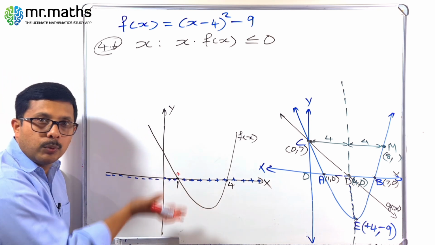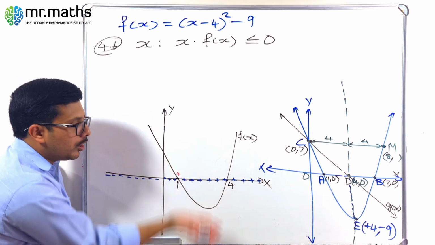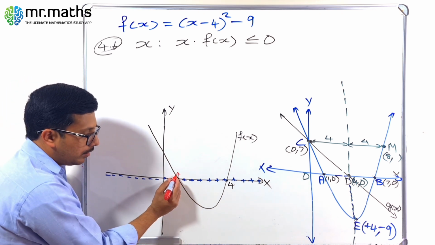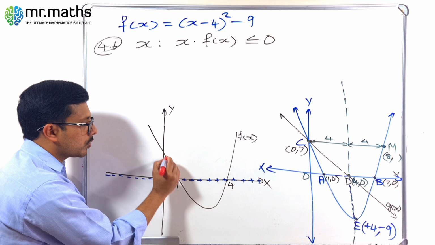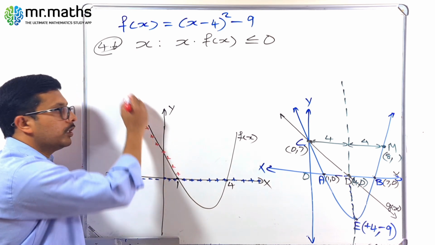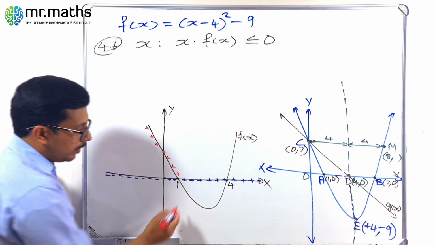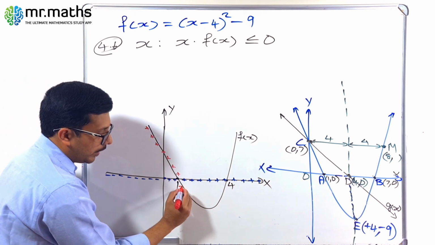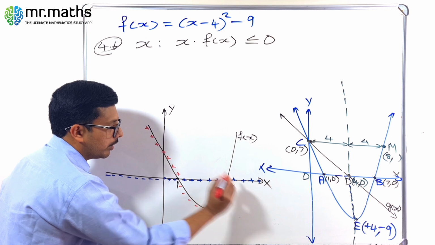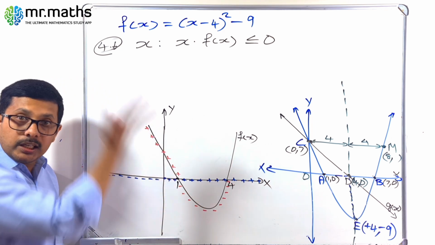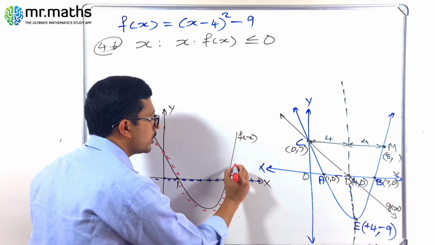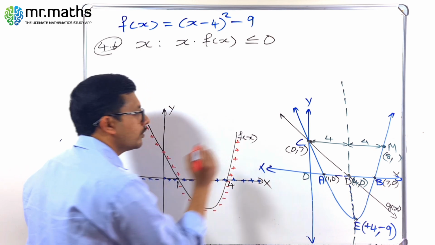Why? Because above the x-axis is positive, below the x-axis is negative in the case of a function. So here positive, positive, positive. Then below the x-axis it is negative, negative, negative, up to there. Then again above the x-axis, it is positive, positive, like that.